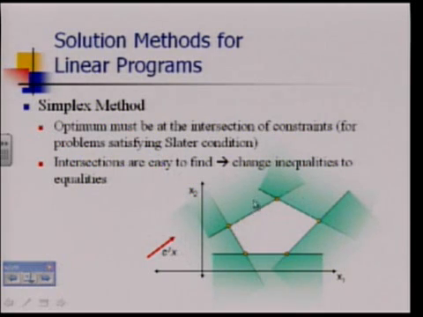And then, of course, if you want to satisfy all the constraints, then you have to think about the intersection among those half planes. That's what people call the polyhedron, the feasible set for the linear program. And the optimal solution must be at some intersection of the constraints.